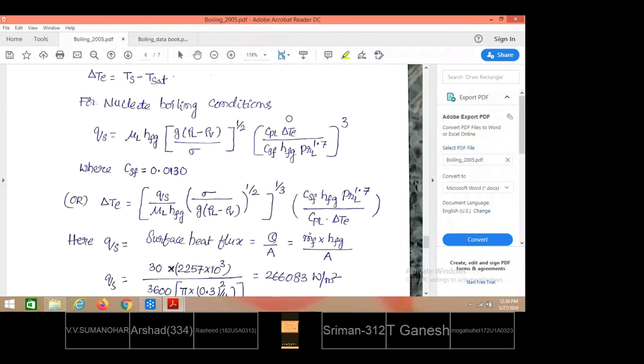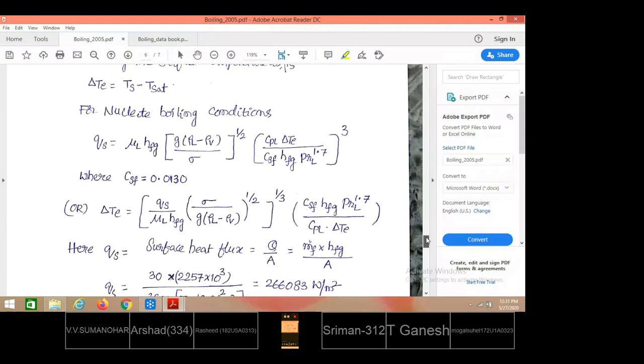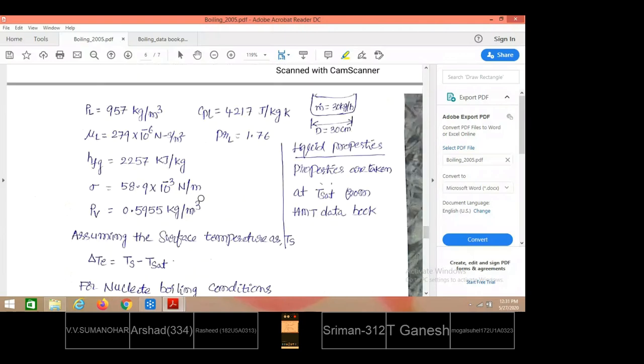Except delta T_e, all other quantities must be known, including Qs. How do you get Qs? The heat flux transferred, that is Q by A. For conversion of 1 kg of liquid into 1 kg of vapor, 2257 kilojoules of heat is required, which I have taken from the data book as h_fg.